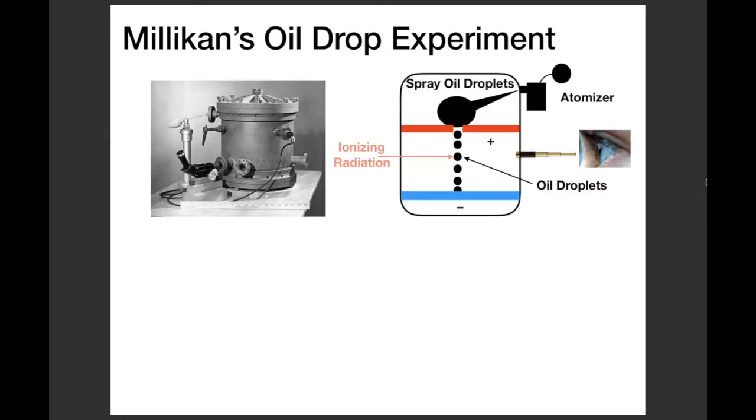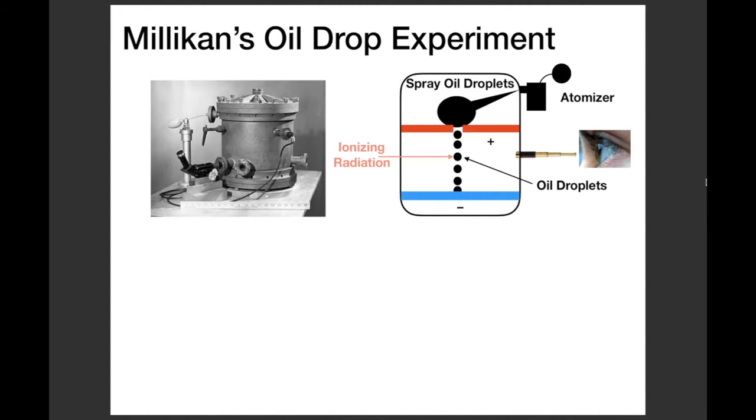In the early 1900s, Millikan performed his so-called oil drop experiment, which yielded the charge and the mass of the electron. In the experiment, a narrow stream of oil droplets fall down through a plate at the top of the apparatus. This plate has a positive charge. An additional plate at the bottom of the apparatus has a negative charge. The observer looks through a microscope.